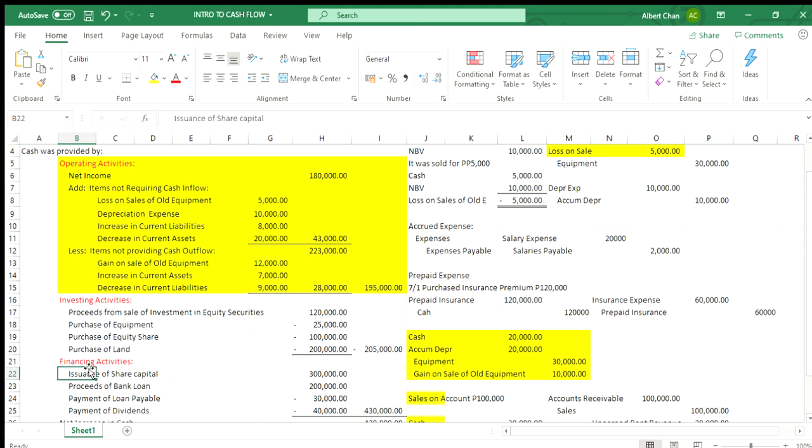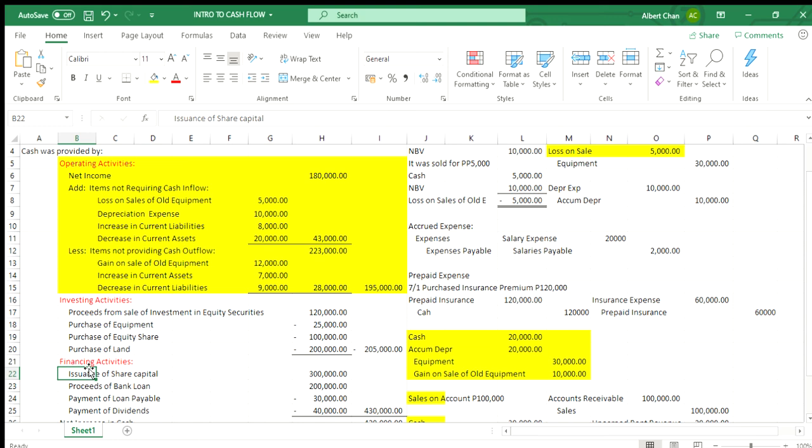What if you purchase equipment, but you issued a promissory note? There was no cash involved. You didn't pay cash. You issued a promissory note. If that is the case, that should not be included in your statement of cash flow.